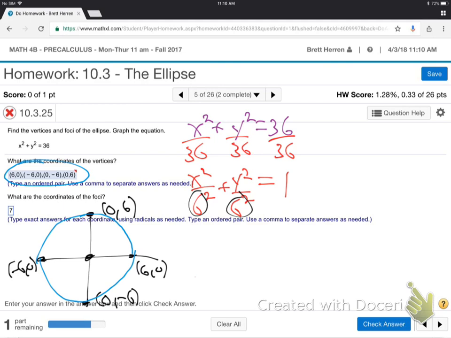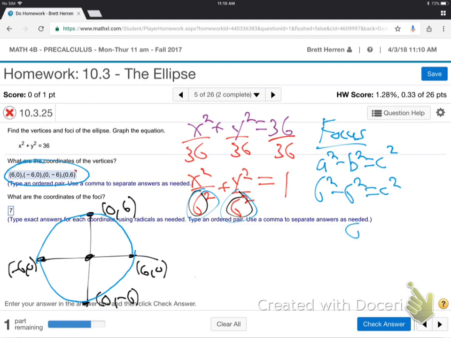And now let's find the focus points. How do you find the focus points? What's the equation for focus? Pythagorean with a minus. So what's a squared and b squared? 6 squared and 6 squared. C squared is 0. Root it.